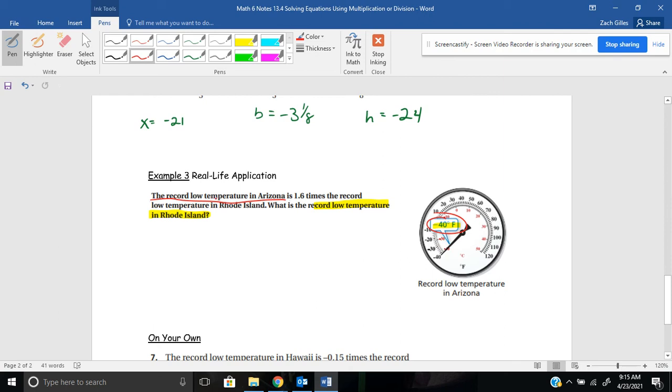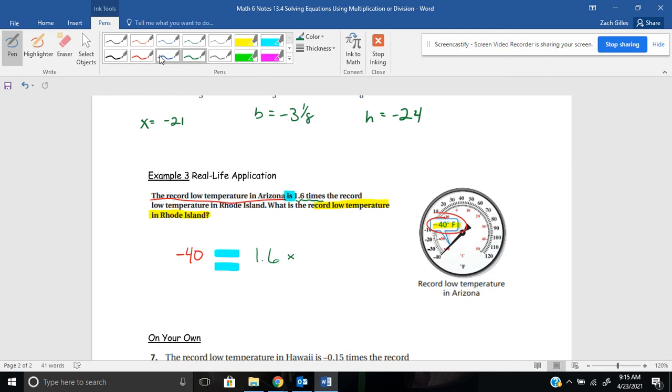So the record low temperature in Arizona, which I know is negative 40, is, you guys remember in math class, this huge hint that's telling you equals, let's pick a new color, 1.6 times the record low temperature in Rhode Island.